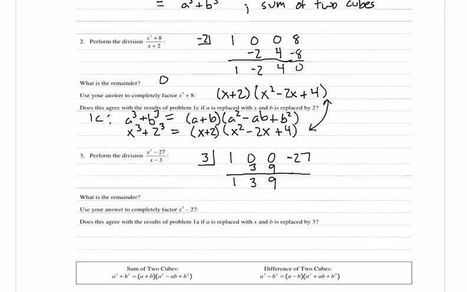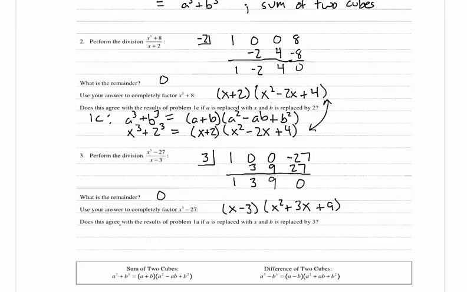And 3 times 9 is 27. Negative 27 plus 27 is 0. So our remainder is 0. And then it says use your answer to completely factor x cubed minus 27. And we're going to have x minus 3 times x squared plus 3x plus 9.